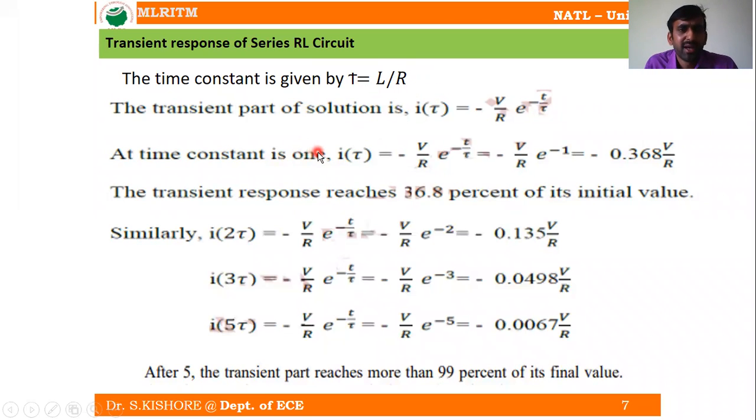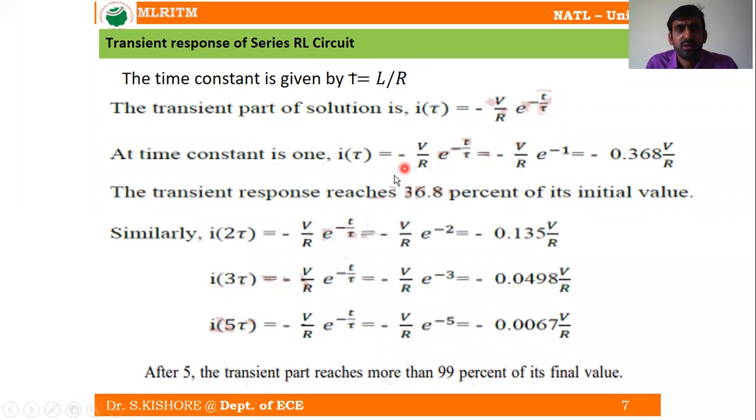So now for better analysis with respect to the time constant tau, let us take the transient part of the solution, that is nothing but minus V by R into e power minus t by tau. T by tau means t into R by L, as tau is equal to L by R.